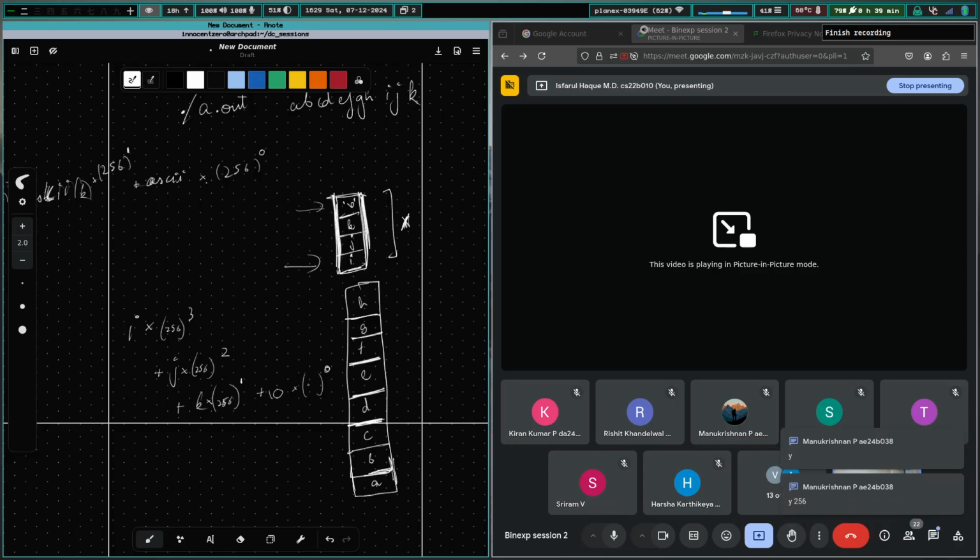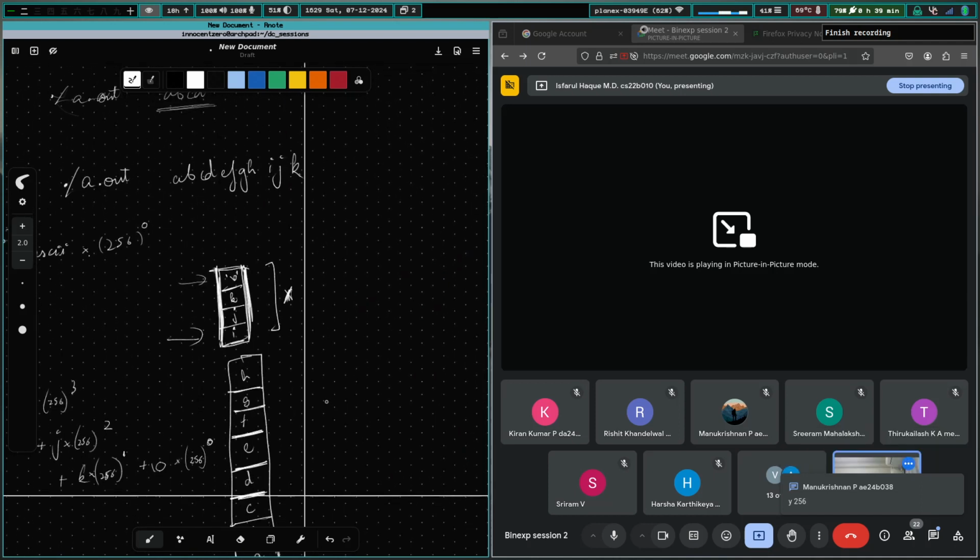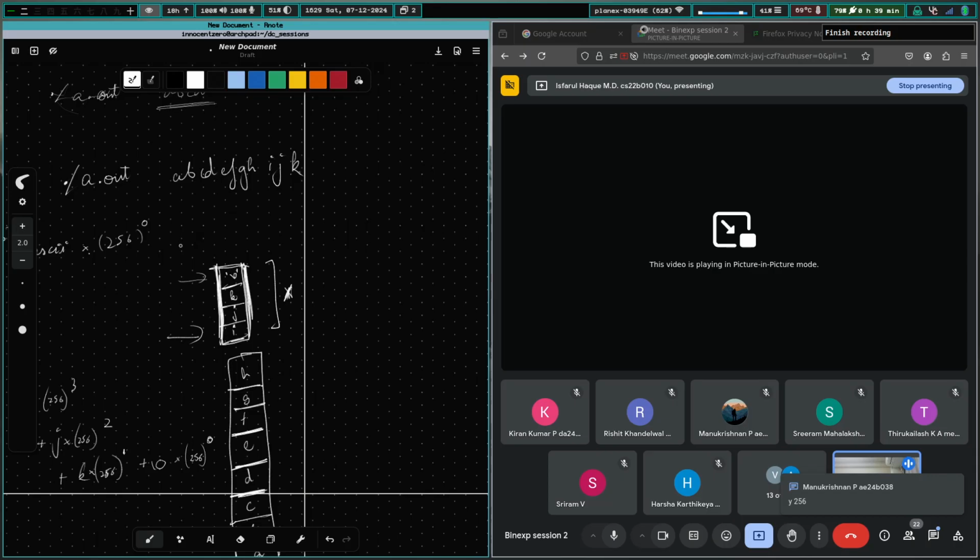Why 256? Okay, yeah. Each of these, as I said before, each of the small boxes is a byte, right? Cool. Anyone having doubt in the expansion?